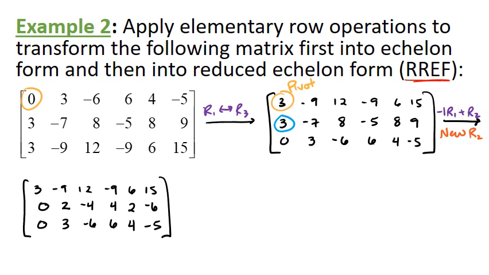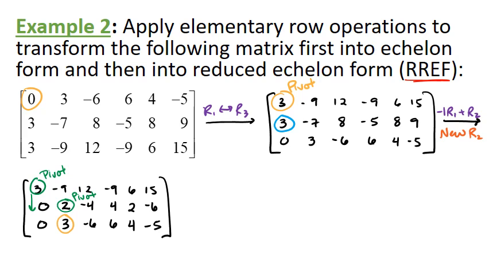Okay, so this is a pivot, and now this is a pivot. Everything below the first pivot is 0. However, that's not the case for the second pivot. Now what I'm going to do is everything I can to make this 0, because I need zeros below each of my pivots.